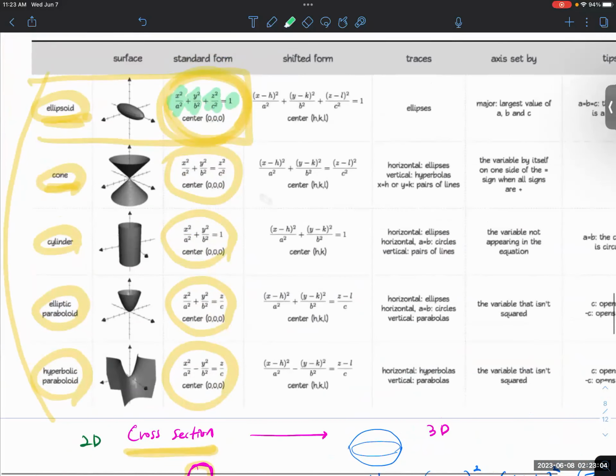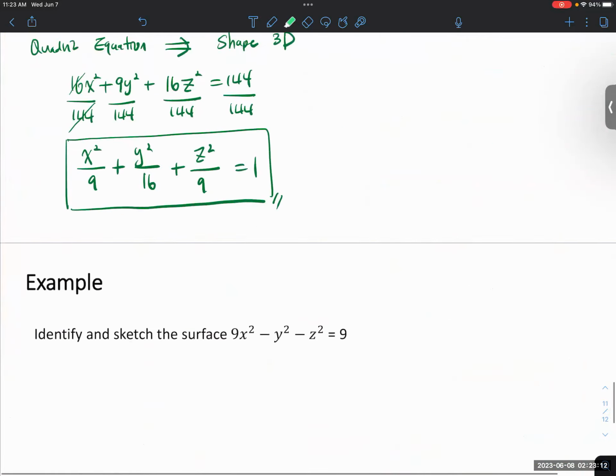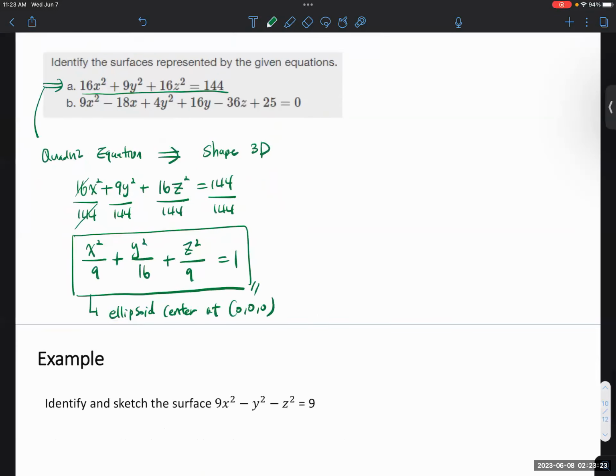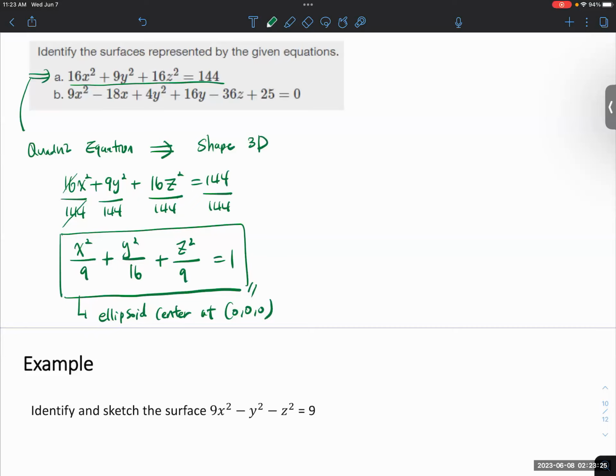And there's a center at 0, 0, 0, because I don't have h, k, l, right? So therefore, this is an ellipsoid centered at 0, 0, 0. So that's your corresponding equation. And then you can think about the image. It is an ellipsoid. That's it.